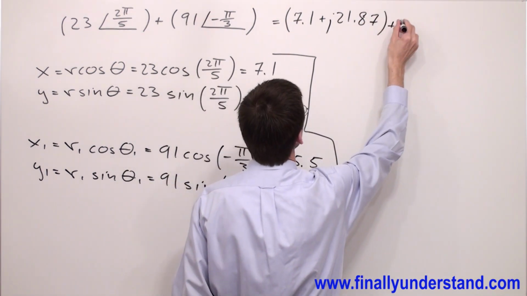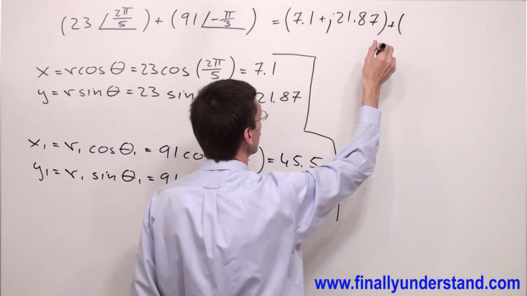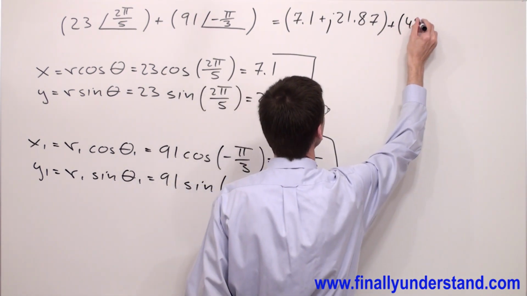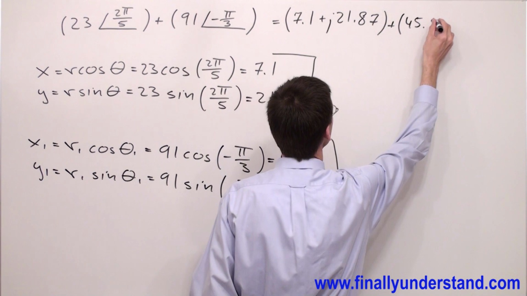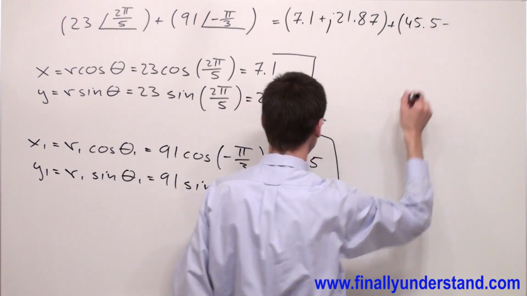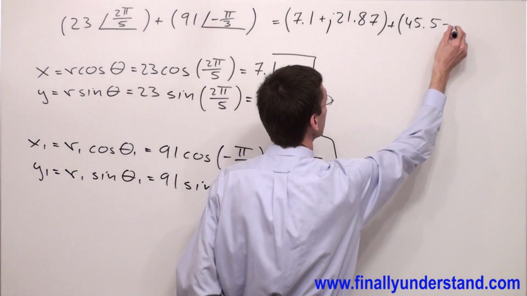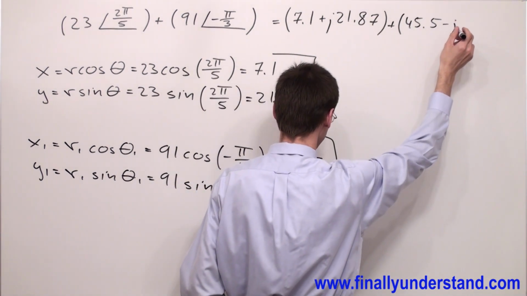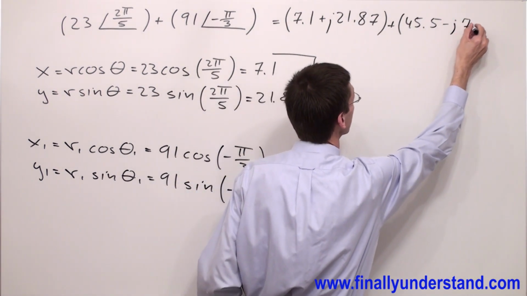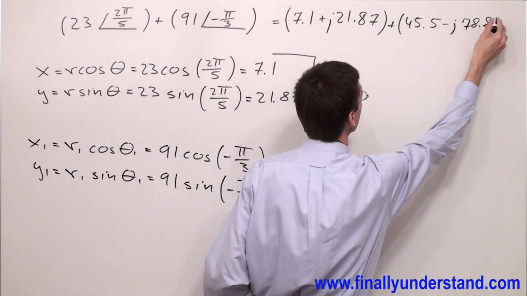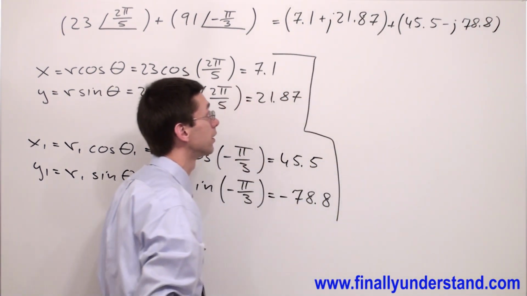plus, open parenthesis, I have 45.5 minus j 78.8. Okay?